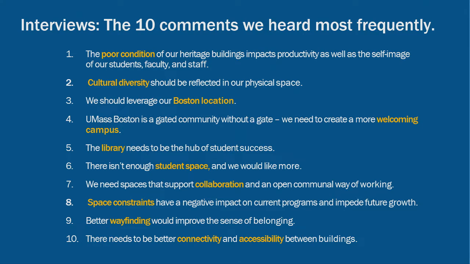When we did our interviews and our outreach on campus, we learned 10 things, and these were the 10 things we most frequently heard. I won't say all of them. You have the opportunity to read and understand them, but I think the first one is the one that we heard the most: that our heritage buildings, the buildings that were built at the beginning of the campus, are in poor condition and really do not promote a great self-image for our students, faculty, and even our greater community.